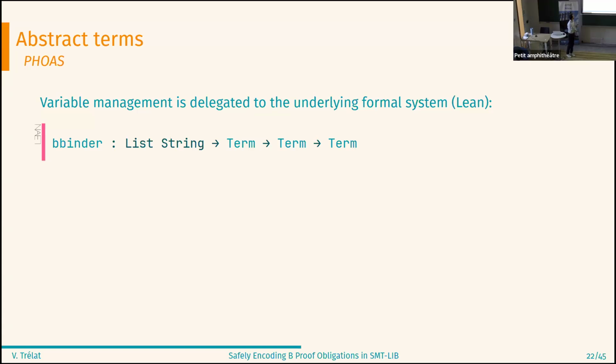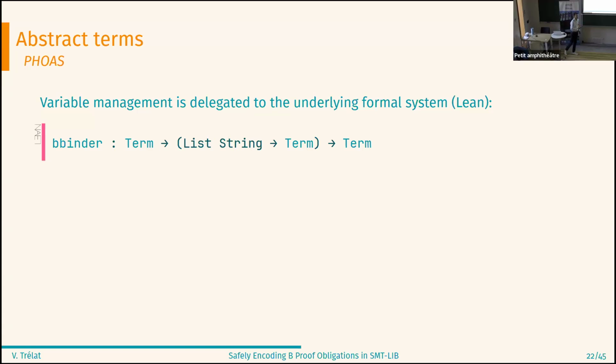This trick is linked to switching to a representation called PHOAS, a parametric higher order abstract syntax. The idea is the following. This is the general type of my bounded binders that I had before: list of strings, term to term, and it returns a term. The idea of delegating variable management to Lean is to say, I don't want to take the variables explicitly as arguments. I want to put it there.